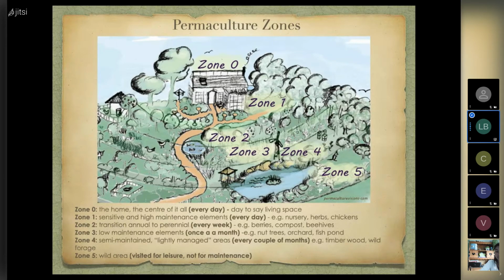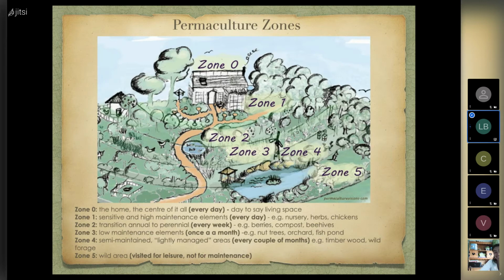And then zones 4 and 5 are in their own category. Zone 4 is a semi-maintained or lightly managed area where you might visit every couple of months. You might harvest wood from this area, or do wild foraging or wildcrafting, or you might use this area as a retreat, a place of meditation, but you're not going to do a whole bunch to it.